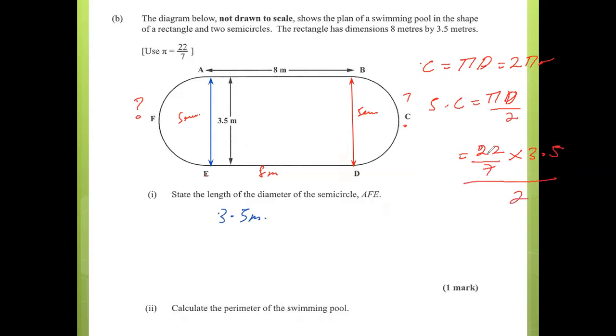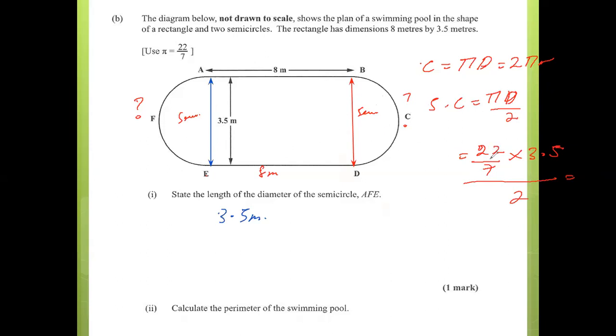So can somebody work out the top for me? What is 22 over 7 times 3.5? The answer we get, we put it here, we divide by 2. For one, that will be for one part. Why divide by 2? Because I want to find one part of the semicircle. Whatever I get for one part is the same thing as the other part. So 11 divided by 2.